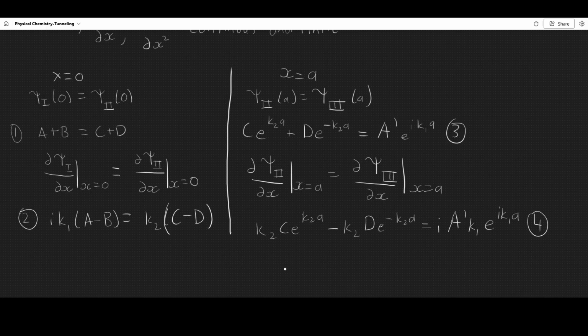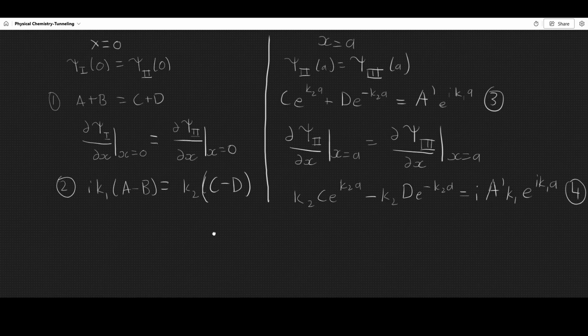Okay, so now we have four equations. What are we solving for? We have four equations, but we have five unknowns. So what are those five unknowns? We have a, b, c, d, and a prime. So where can we get this fifth equation from?